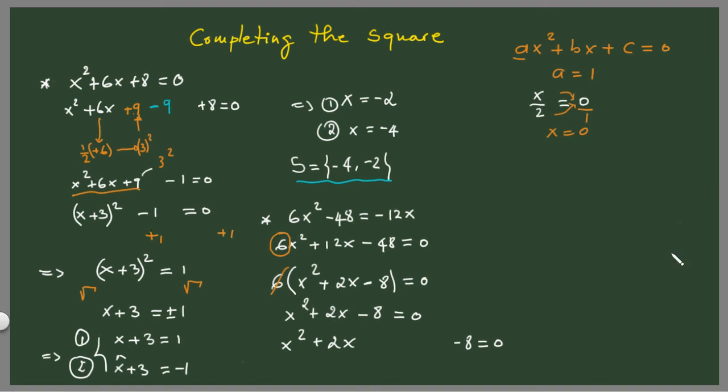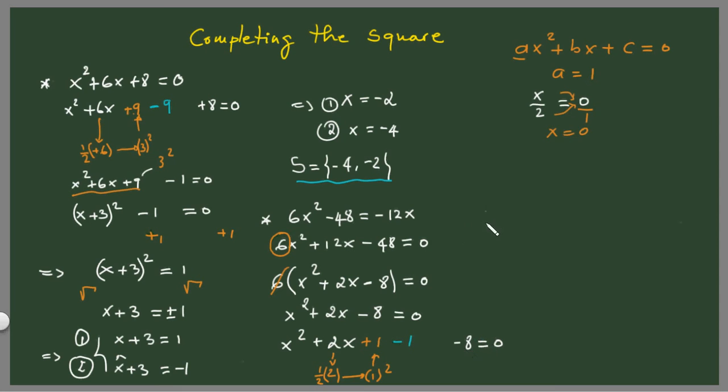We use the same process we did before to complete the square. We take the second term, which is 2, and take half of it. The half of it is 1, and we square it and bring it back into the equation, so it will be plus 1. We didn't have the plus 1 before, so we remove it by putting minus 1.